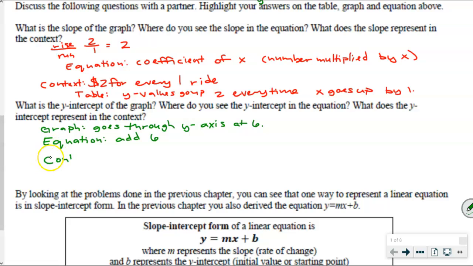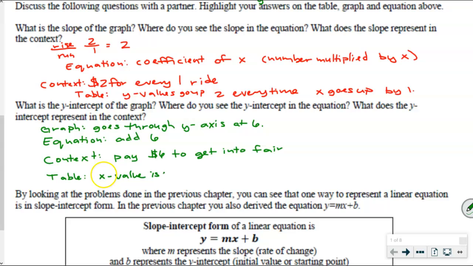In the context, we have to pay $6 just to get in to the fair. And the table, very specifically, be careful that you don't write down where it starts. On the table, we see it when the x value is 0, y value is 6.